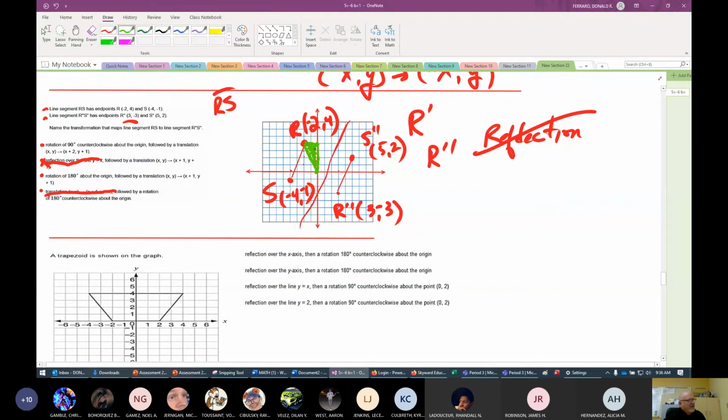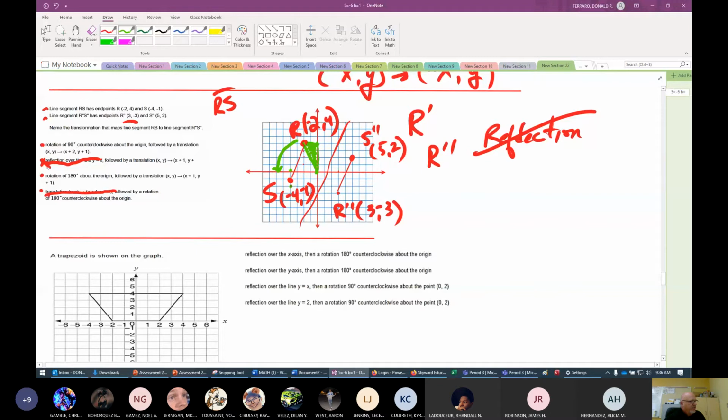Now, if I was to rotate this triangle right here 90 degrees, what would happen is I'm going up 1, 2, 3, 4. I rotate 90 degrees, so I'm just rotating one quadrant, and I'd go left 1, 2, 3, 4, and then I'd go down 2.